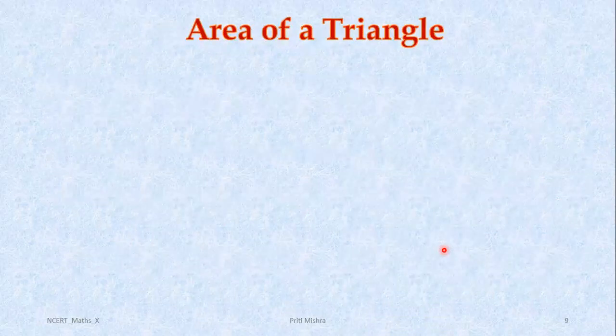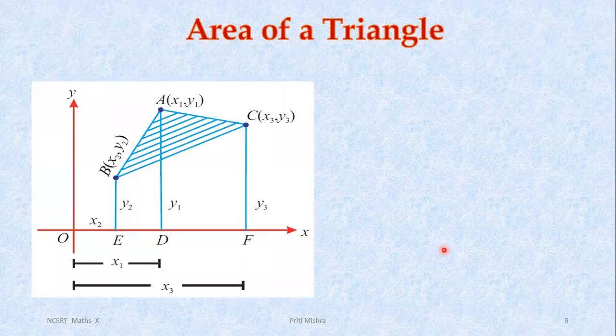Now let's find the area of a triangle. Here in this figure, you can see we have a triangle ABC having coordinates x1, y1, x2, y2 and x3, y3. Here you can easily see OD is x1, OE is x2 and OF is x3.